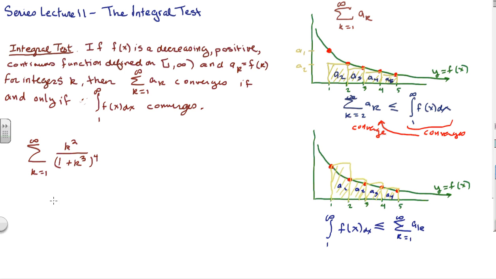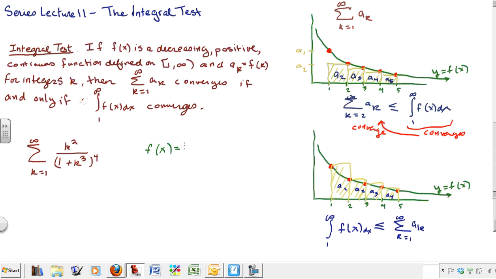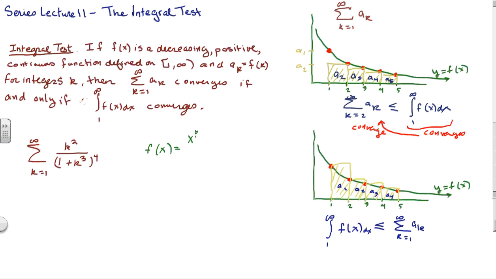Okay, so what is that? That's going to be the function f of x equals x squared over 1 plus x cubed to the fourth.